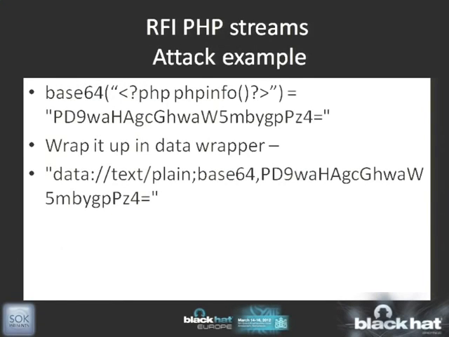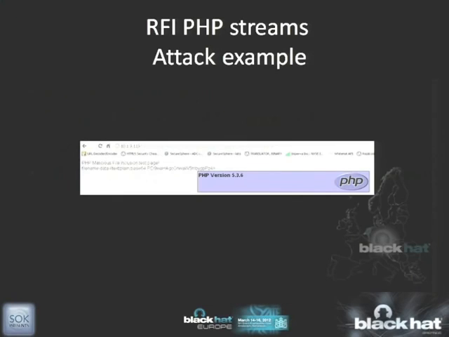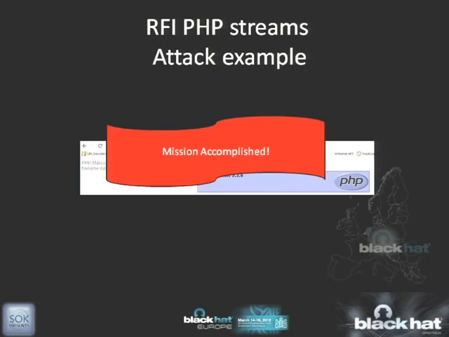So we will base64 encode our attack vector, and then we'll wrap it up with the data wrapper, which is here, data text plain, and then the encoded code. And as we can see, well, I'm not sure you can see, but this really runs on the server. So mission accomplished from the hacker's point of view.